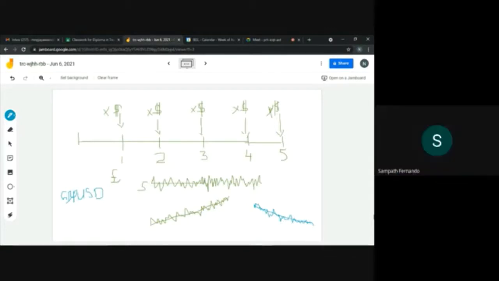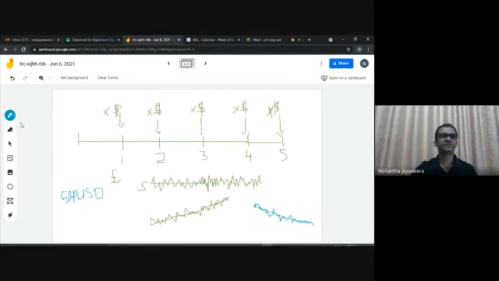The USD appreciating is the risk. In this first graph, I'll put some numbers. First one, second one, and third one.